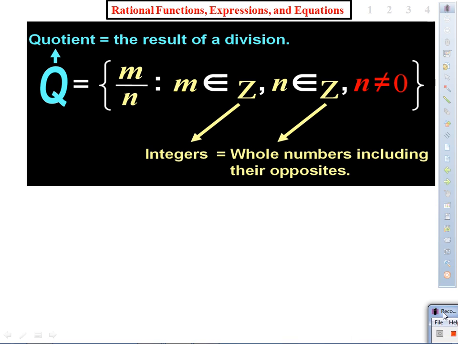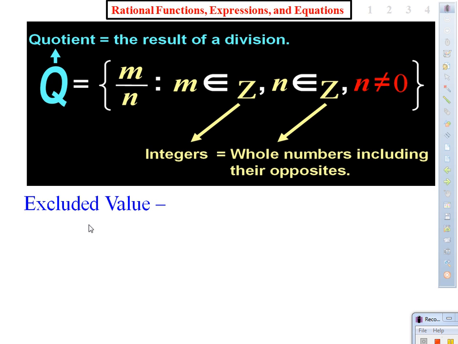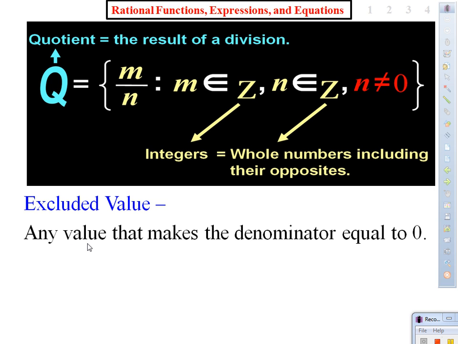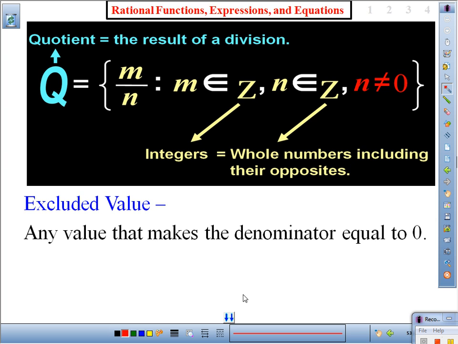That's why today we're going to be practicing what we call excluded values. What is an excluded value, Mr. Q? Excluded values are any values that make the denominator equal to 0. For example, don't copy this, just focus.